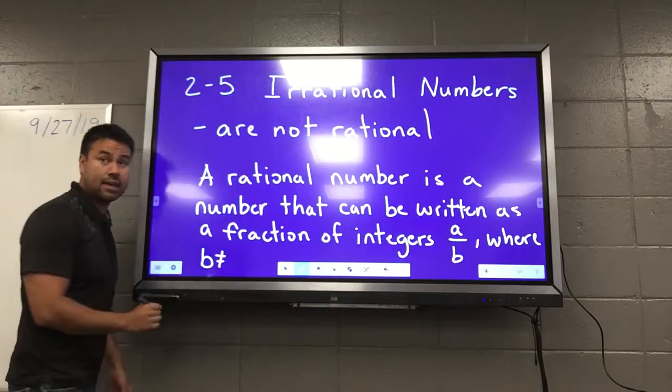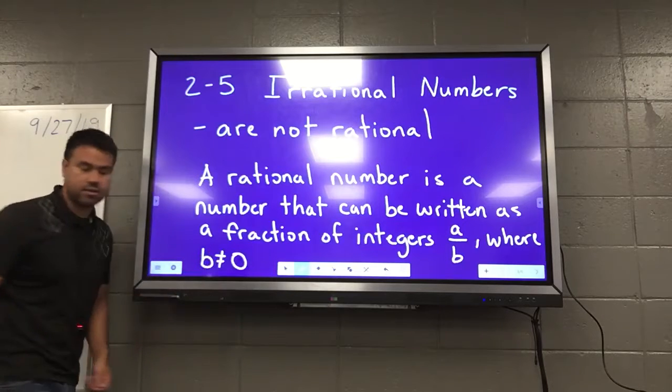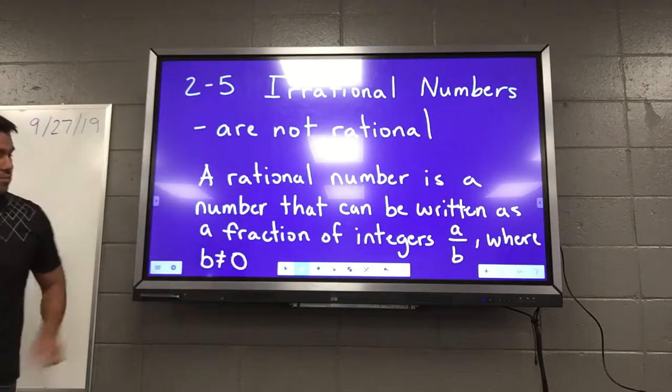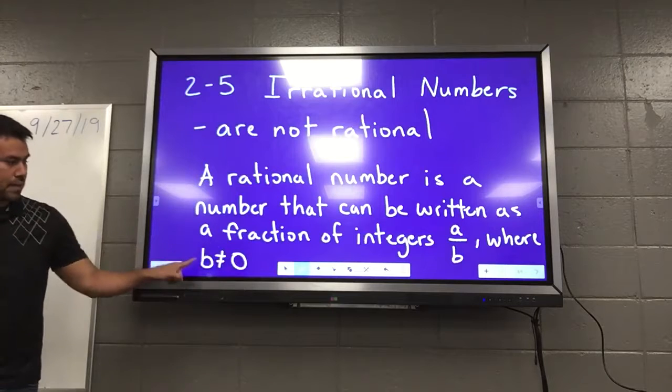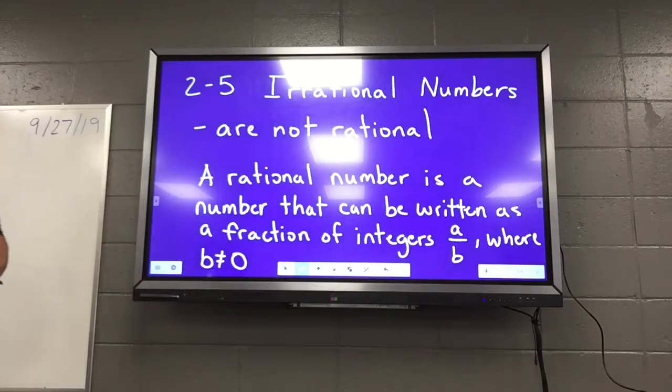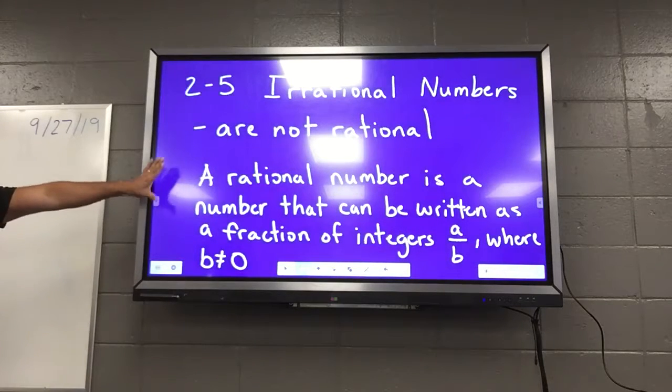B cannot be 0. That means does not equal 0. So B does not equal 0. So that's what a rational number is.